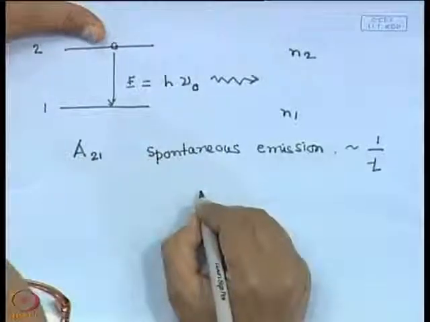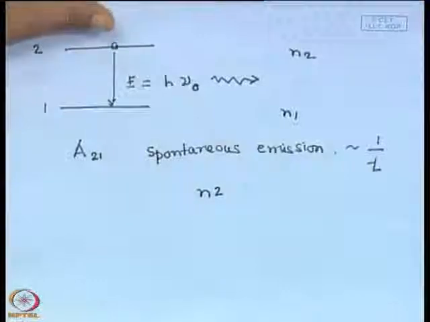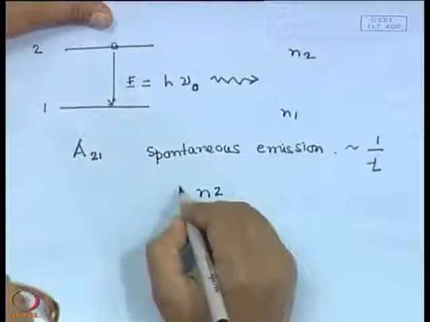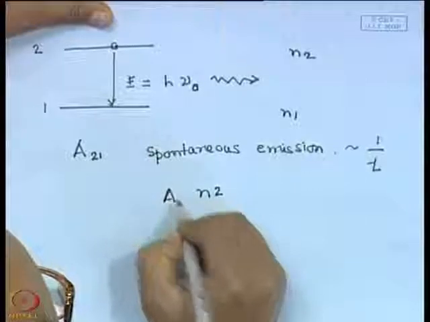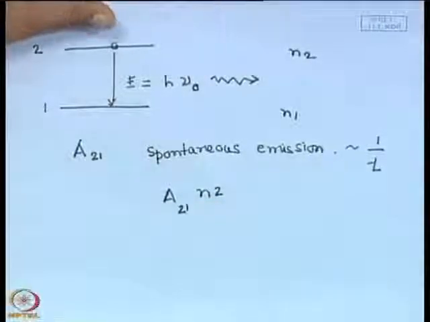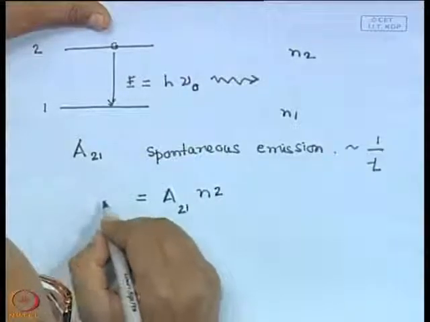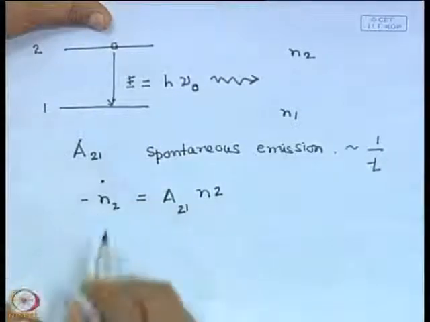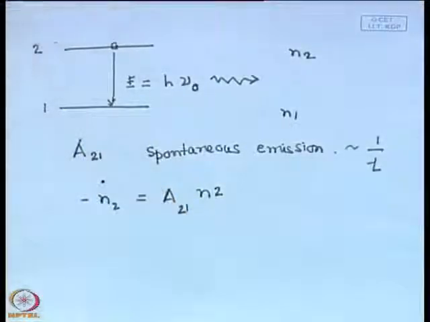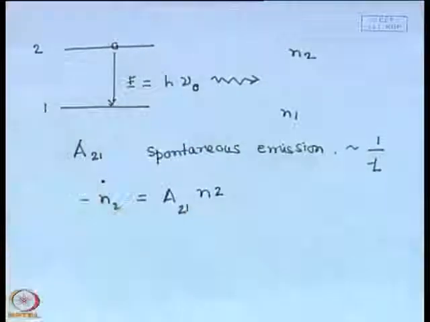And so if I have a number density of particles in the excited state as N2, then the rate at which it comes down to the ground state is A21 into N2, and this is equal to minus N2 dot, which is also equal to N1 dot, the rate at which the number density of particles in this state goes up.